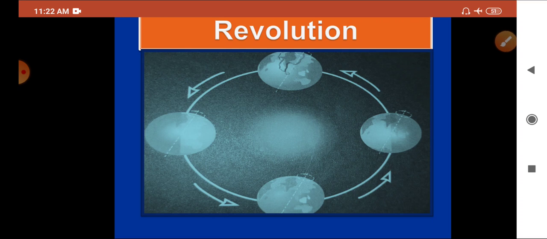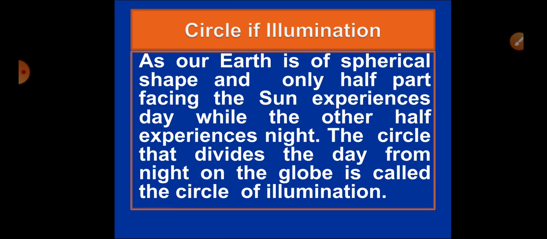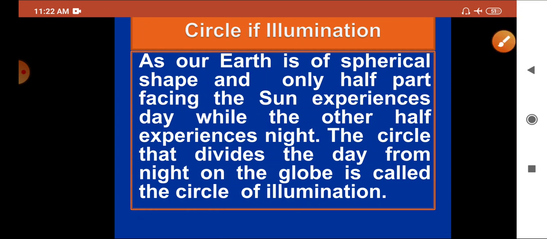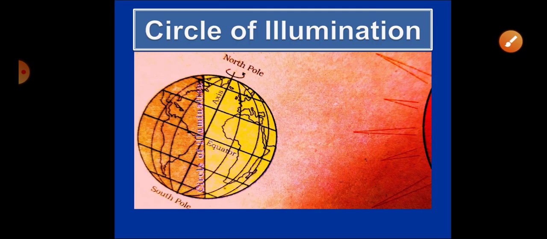Keep watching. Coming to the next point, this is the circle of illumination. Here it refers to our Earth, which is of spherical shape, means it's not completely like a ball.